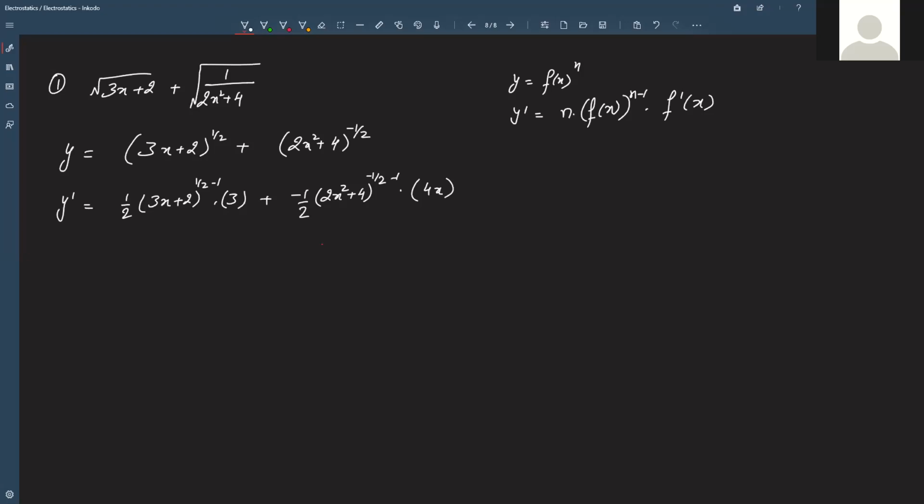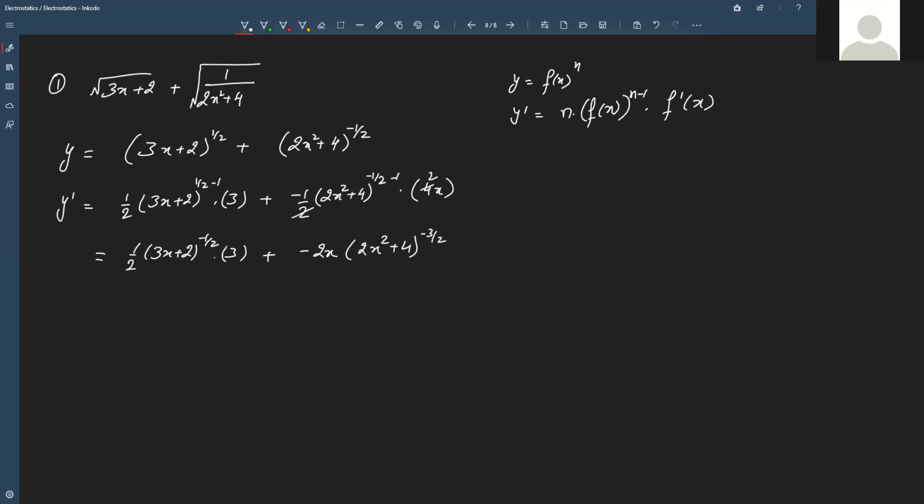Right? So what do we get now? We get half into 3x plus 2 to the power minus half into 3, plus, next one is minus 2x, this 2 and this 4, they cancel. So you have minus 2x into 2x square plus 4 to the power minus 3 by 2.